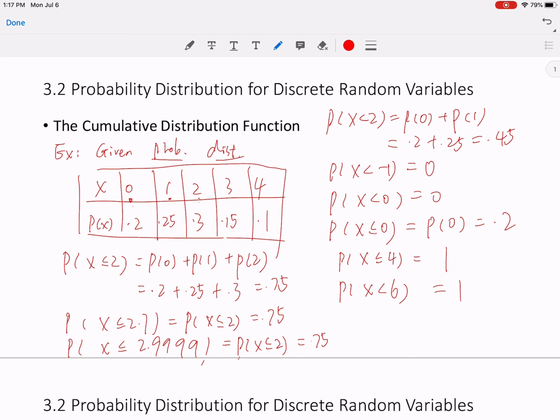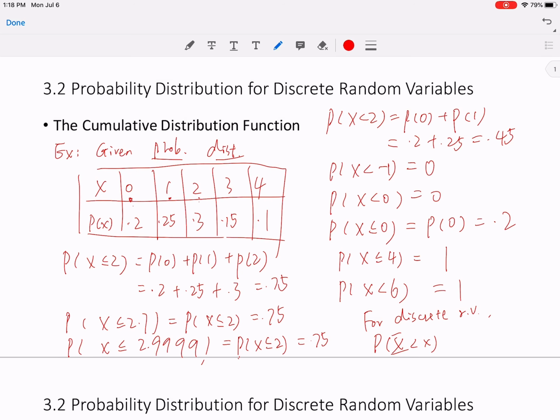Now, there's one thing I would like to mention: for a discrete random variable, the probability that the random variable x is less than a number little x is less than the probability that the random variable is less than or equal to this number.